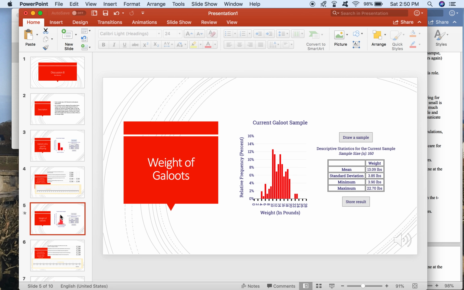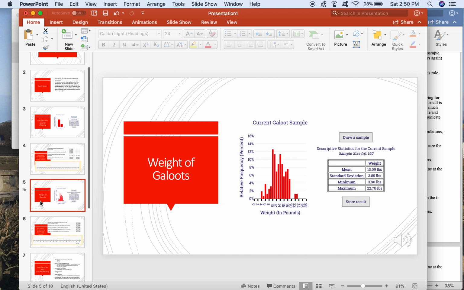Moving on to the weight of the galutes, like I said earlier, I considered it a nearly normal distribution for the purpose of this. The mean was 13.09. The standard deviation was 3.85 pounds. The minimum was 3.9, and the maximum was 22.7 pounds. Again, for both the weight and the cares for offspring, I had a sample size of 160.